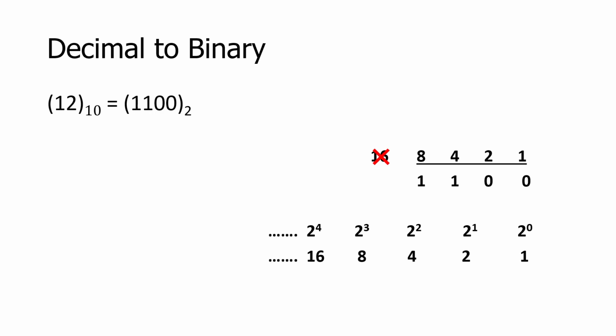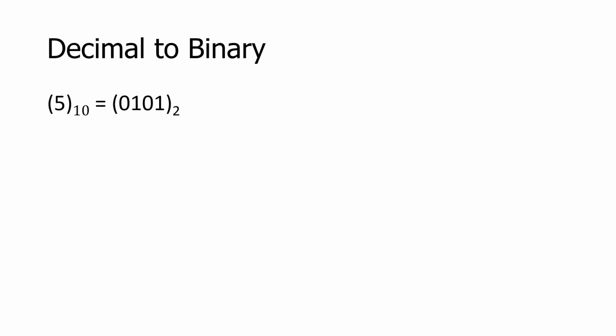Okay, let's go further. I want to convert decimal 5 to binary. My answer is going to be 0101. Let's see. Since 5 is less than 16, I don't even need to use that 16, and I don't need that 8 as well, but let me group them into groups of 4, that means the 1, 2, 4, 8 group, 4 digits each.